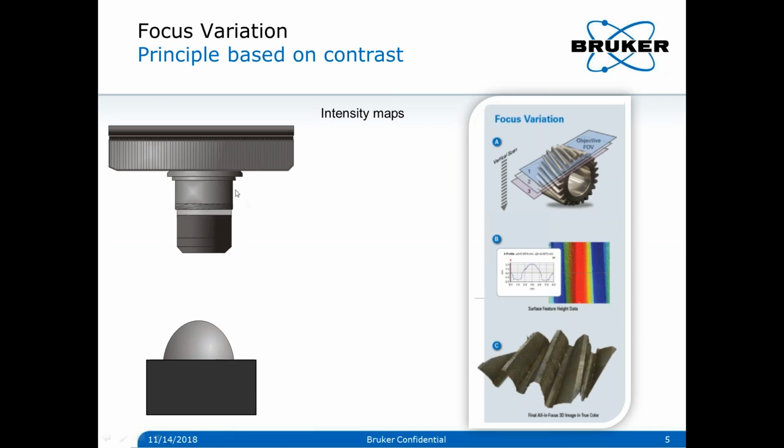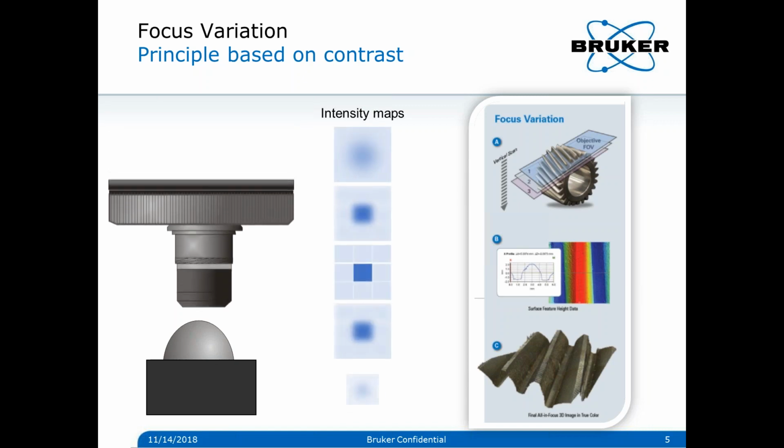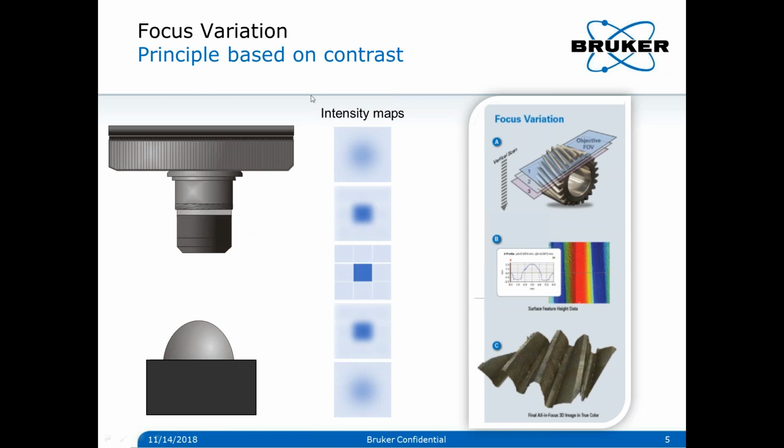We have a bright field objective, which focuses light over a surface, and then the light bounces back to a camera that visualizes the intensity and colors. In that case, a color camera is in use, and in order to get topography, we use vertical motion during which intensity maps are all captured.